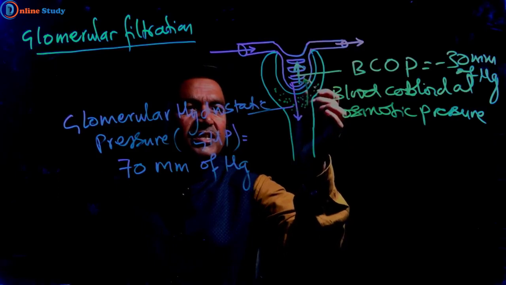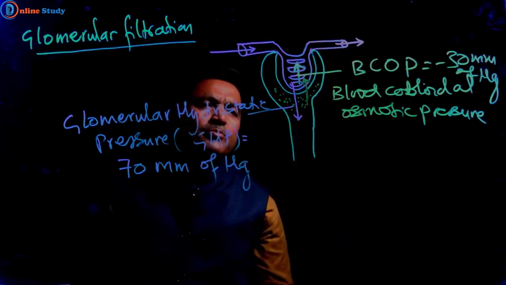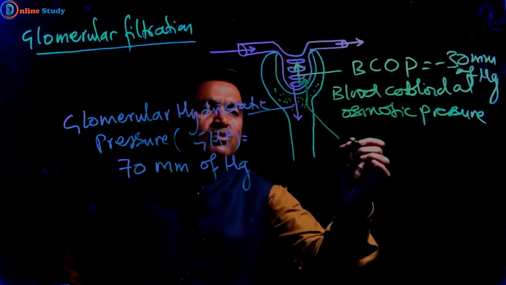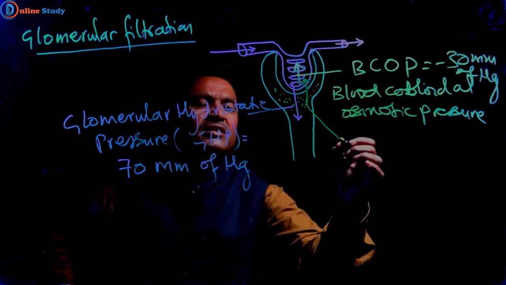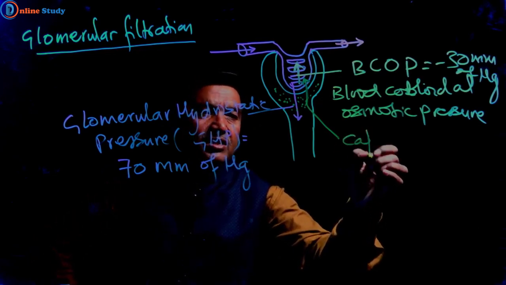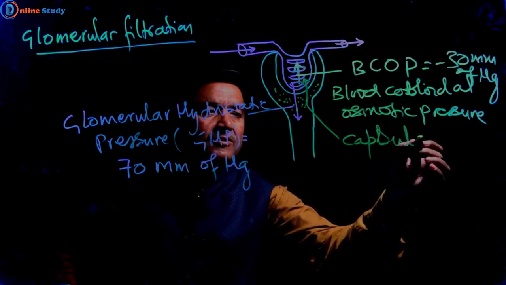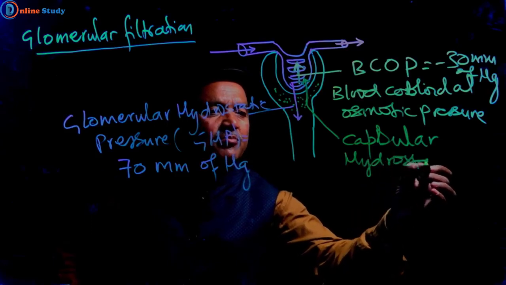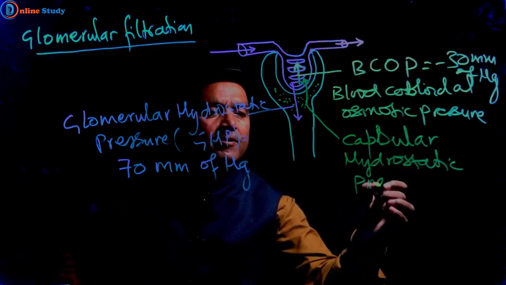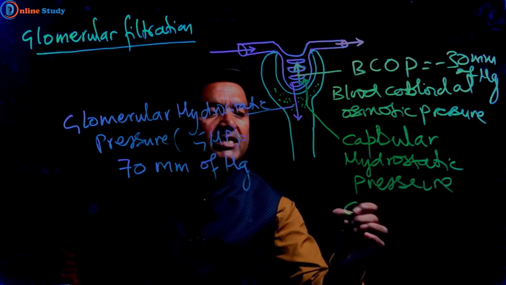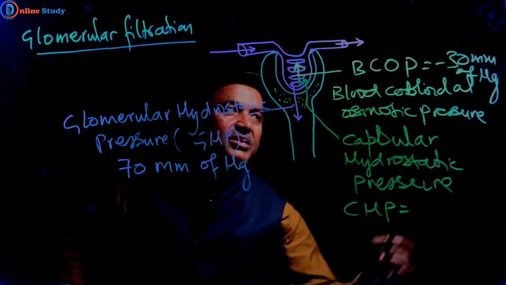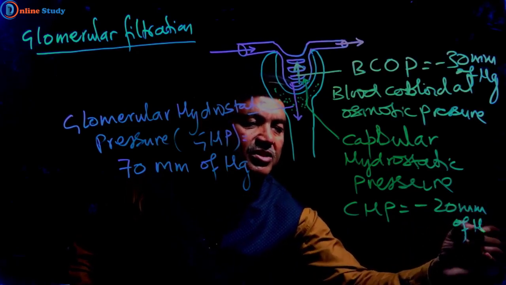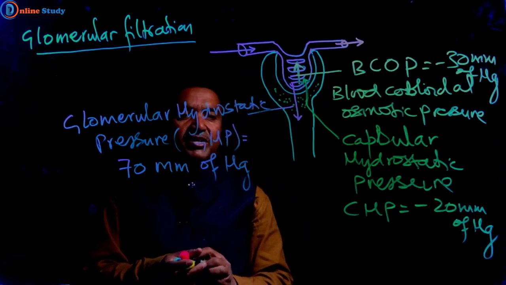This opposing pressure is known as capsular hydrostatic pressure. We can write it CHP. Capsular hydrostatic pressure is minus 20 mm of Hg. So we see here three different types of pressure.